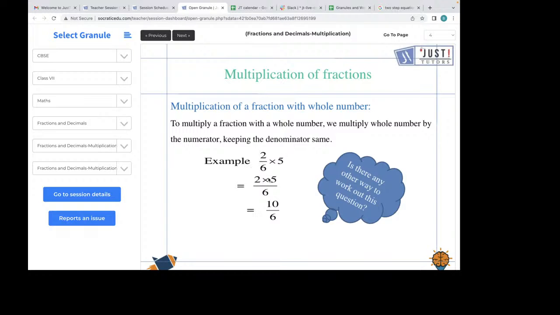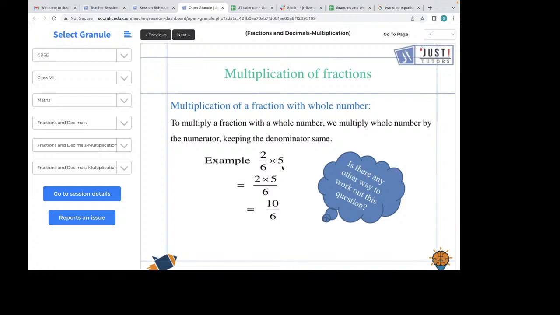This is 2/6 multiply 5. 2/6 multiply 5. So as I have told you in this statement, we have to multiply the whole number by the numerator. Numerator क्या है इस fraction का? Numerator है 2. The one which is on the top is called numerator and the one which is at the bottom is called denominator.